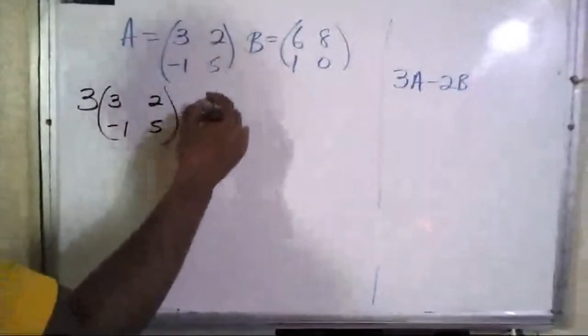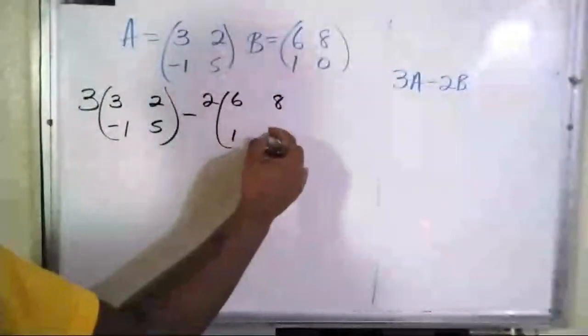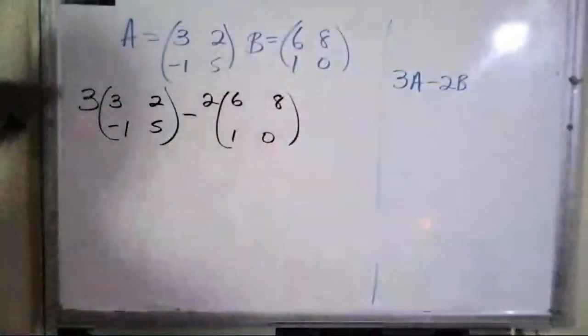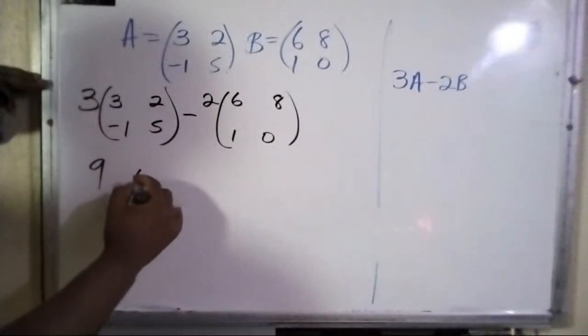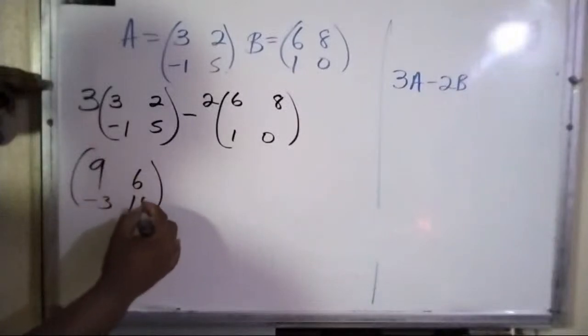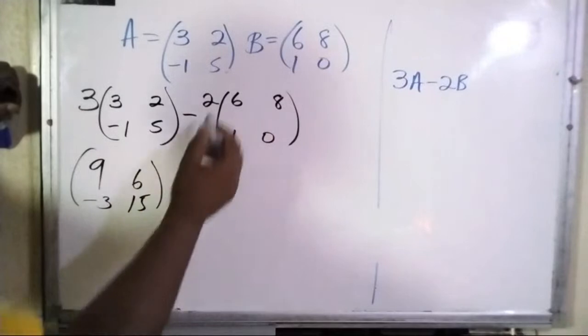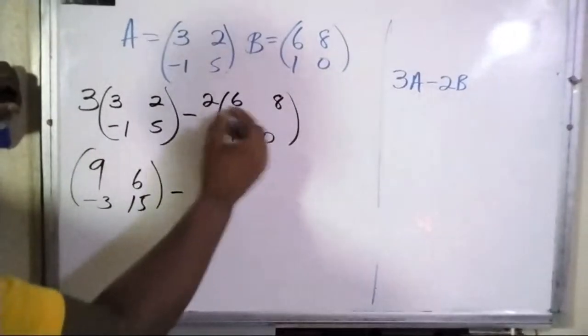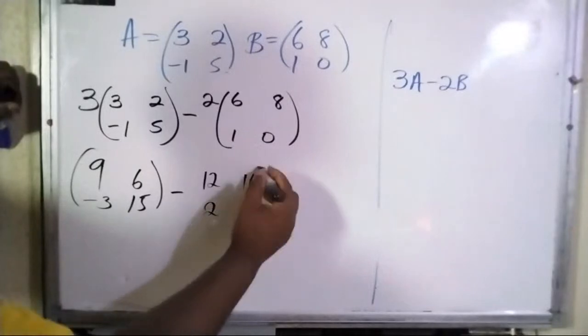And then you minus 2 times B, so everything in B. So what you're doing now is to multiply everything by 3. So 3 times 3, 9. 3 times 2, 6. 3 times negative 1, negative 3. And then 3 times 5, 15. Put back your minus and then everything by 2. You must get that now. 2 times 6, 12. 2 times 8, 16. 2 times 1, 2. And then 2 times 0, 0.